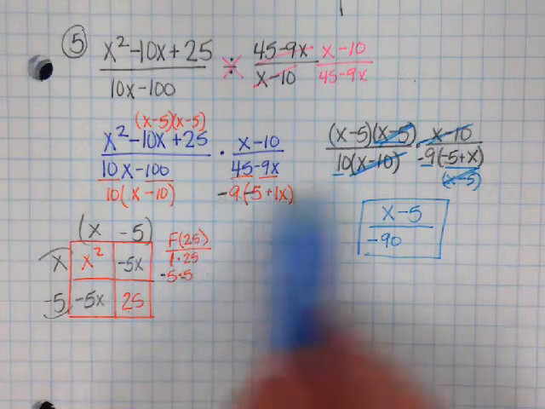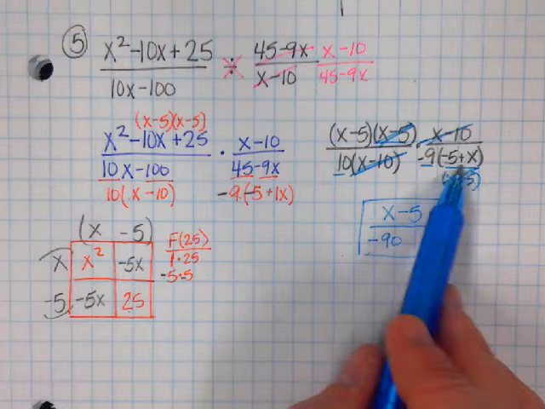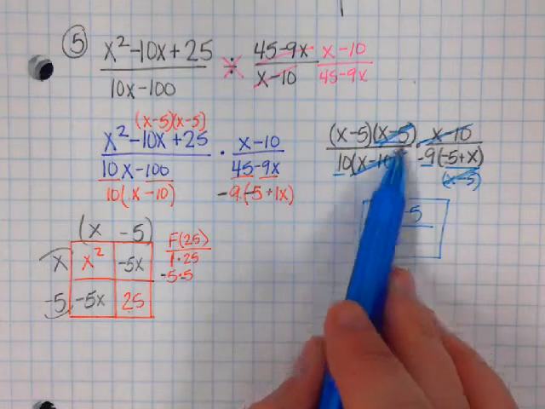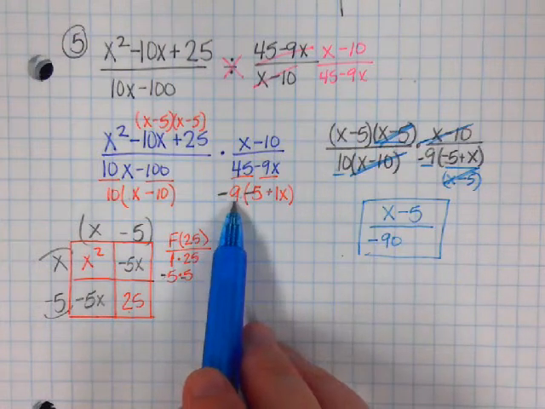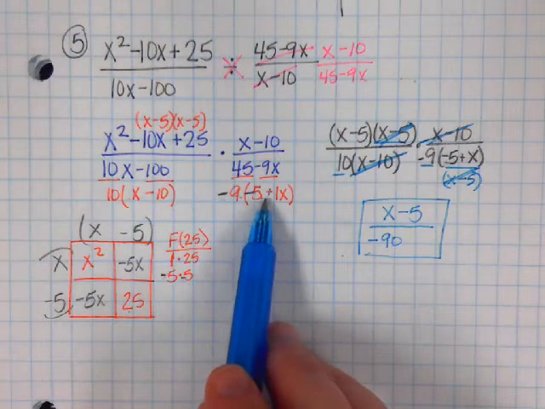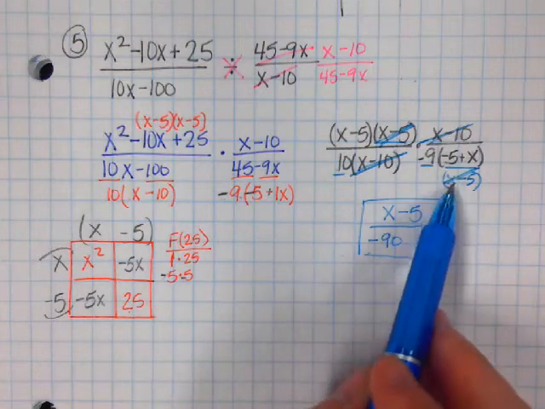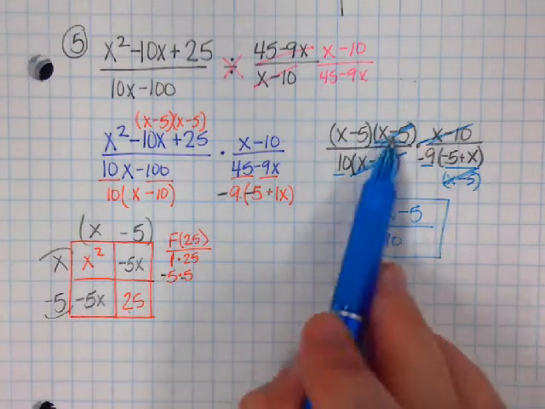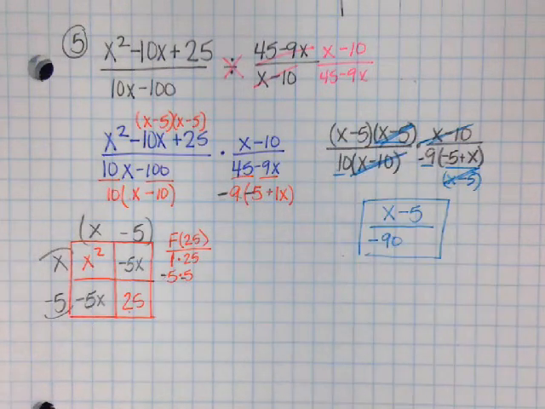Okay, so (x minus 5) over 90. And all I did here was, instead of factoring out just a positive 9, I changed it to a negative 9 because it was so close. It was just the signs that were different. So I factored out a negative 9, and then I had negative 5 plus x. I rewrote it as x minus 5, and that's the same exact thing as that parentheses.